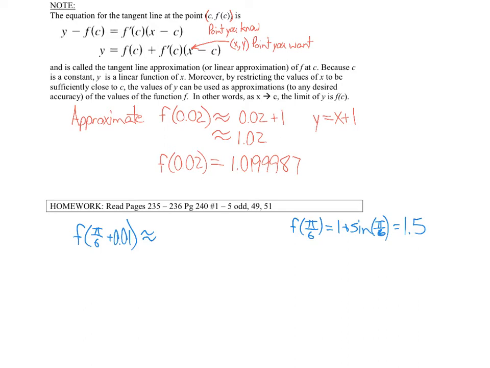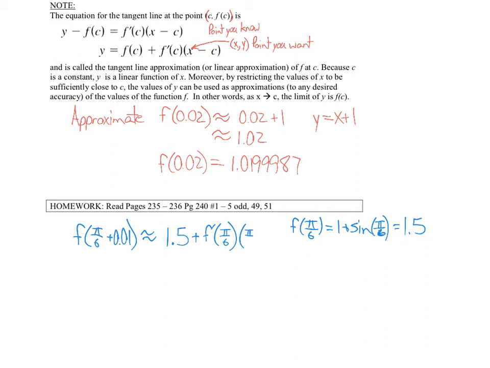So I know that, again, using this point slope form with my derivative, f of pi over 6 plus 0.01 is going to approximately be 1.5 plus the derivative f prime of pi over 6 times the x value that we want.